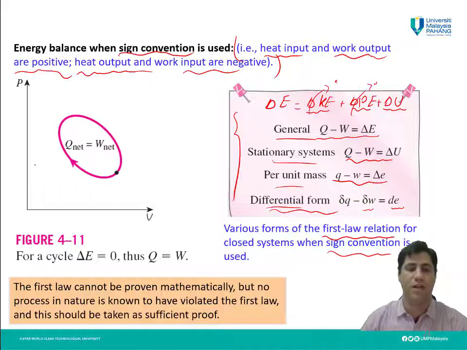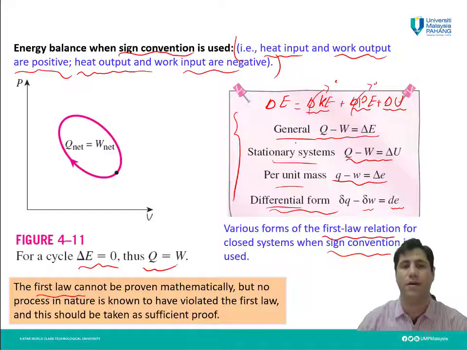You can see here what I told you. For a cycle, delta E will be equal to 0. Why? Because Q is equal to W. This is the first law for a closed system. The first law cannot be proven, actually, as it is written here as well. We don't have any method to prove that.